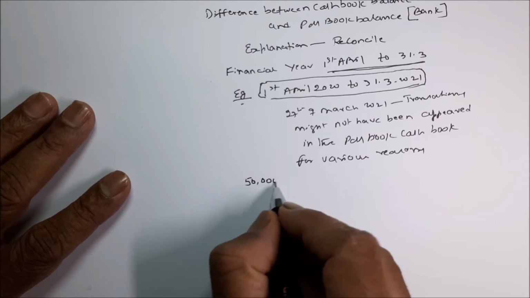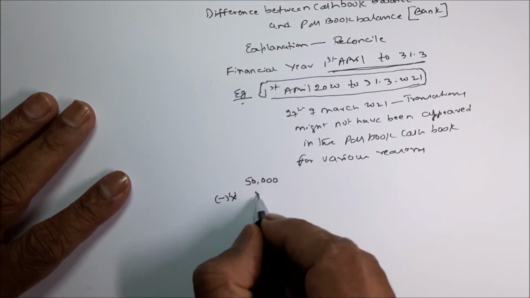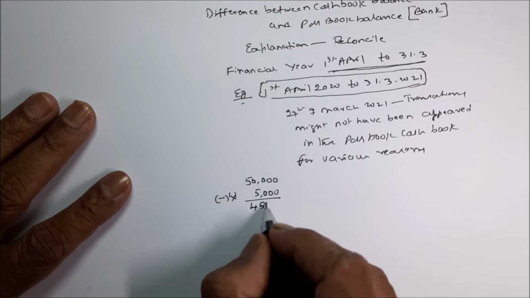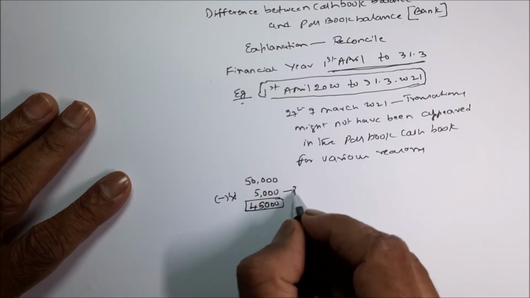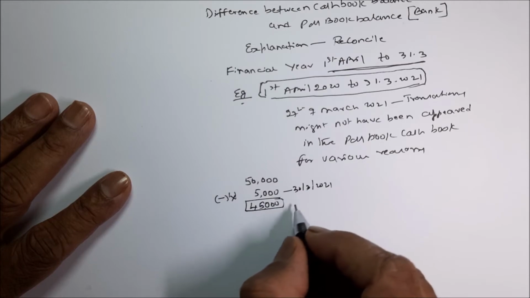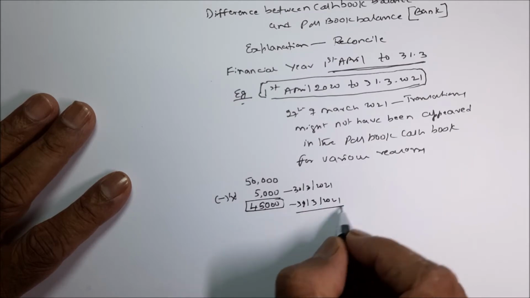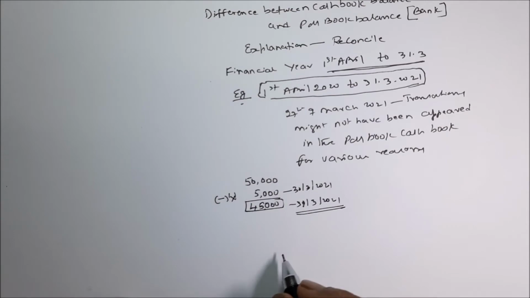I have issued a check to my friend Mr. X for 5,000 rupees. So what I think is that 45,000 rupees must be the balance. I issued this on 30th of March, so I assume that on 31st of March 2021, I have a balance in the bank of 45,000.